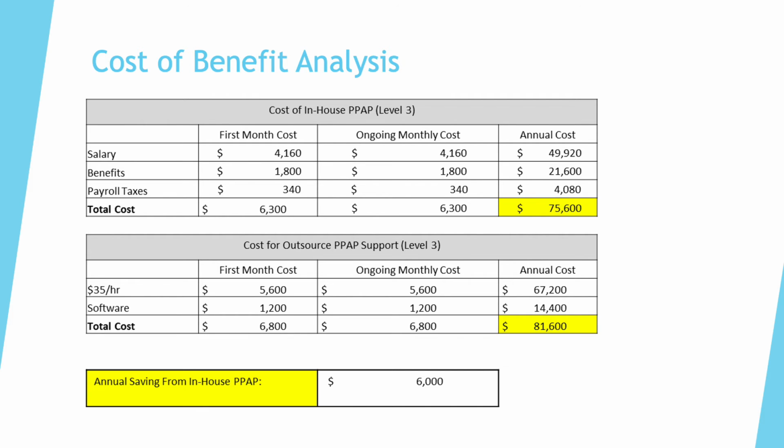Benefits are $1,800, fixed monthly ongoing at $1,800, total $21,600. Payroll taxes were $340, which totals $4,080. Total annual costs totaled $75,600.